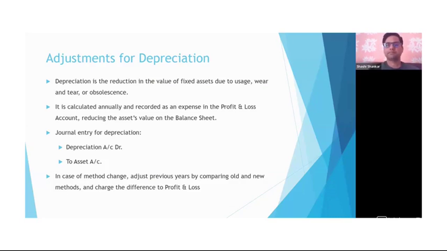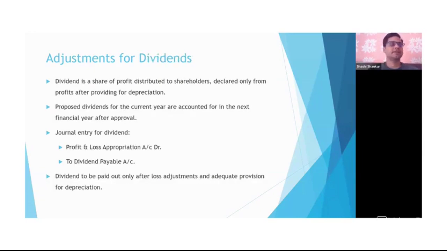The difference should be accounted for in the profit and loss account. All right, moving to the next, adjustment for dividends. Dividend is a share of profit distributed to the shareholders, declared only from profit after providing for depreciation.